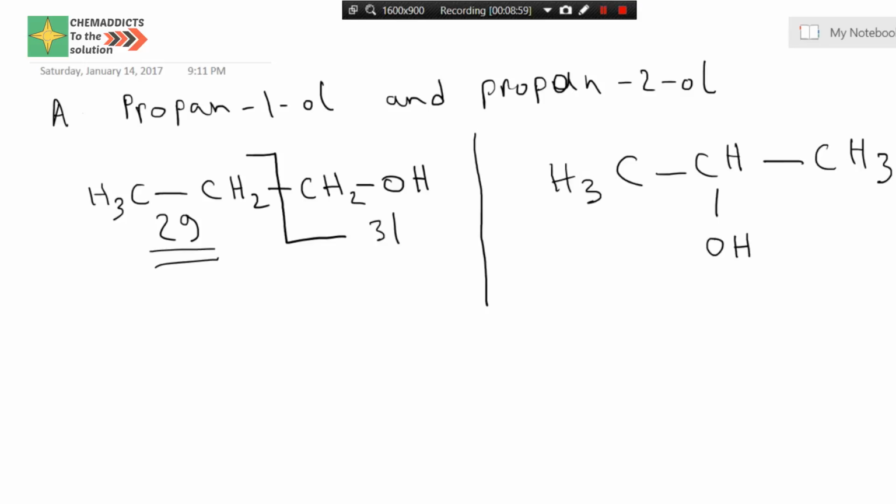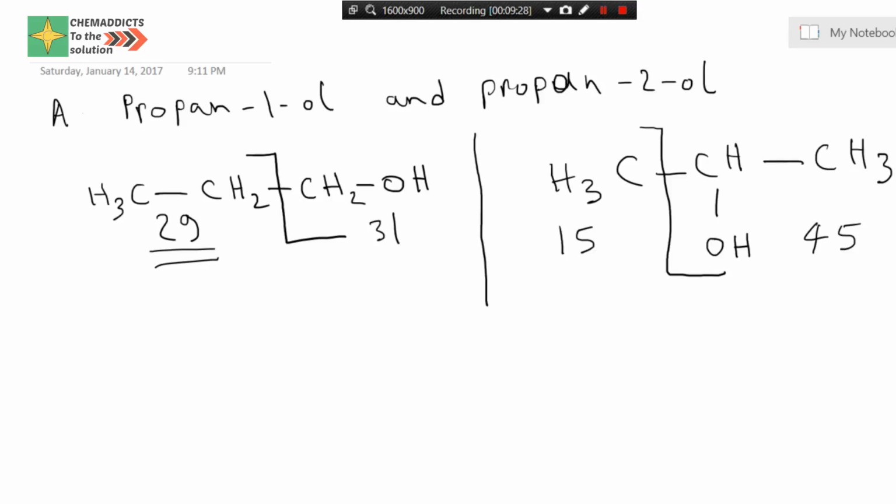Now let's fragment this molecule. If we fragment it just like this, we're gonna get a mass by charge ratio of 15 in this part, and in here we're gonna get a mass by charge ratio of 45.